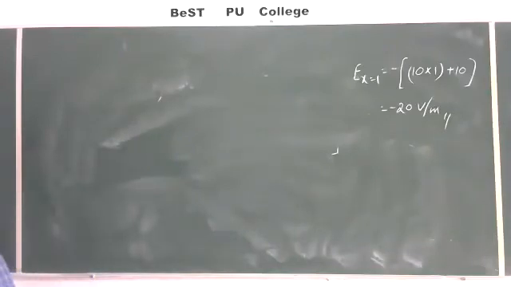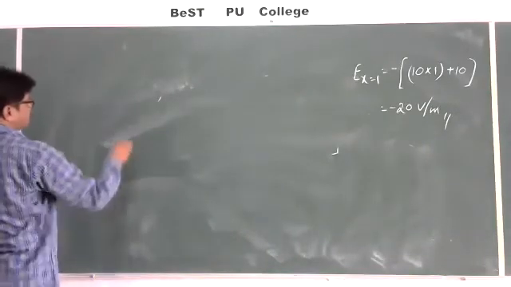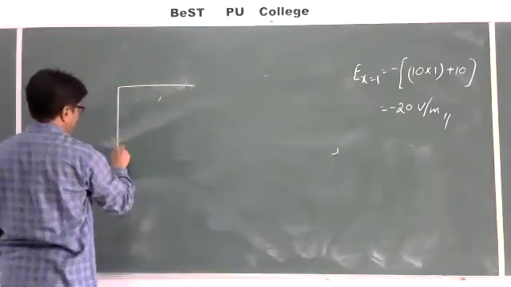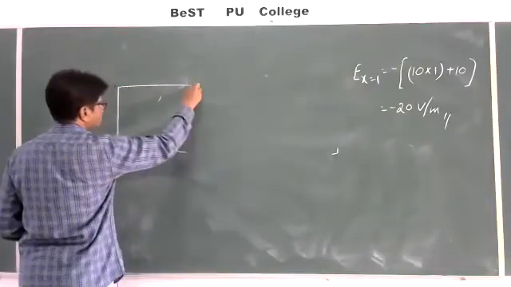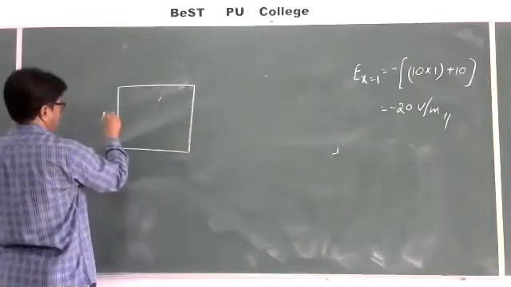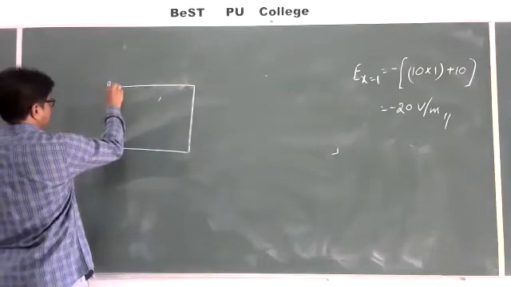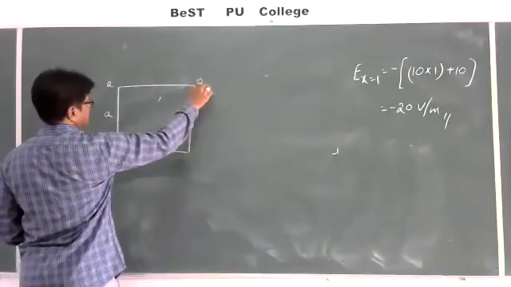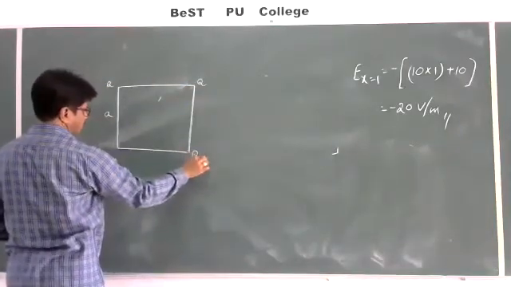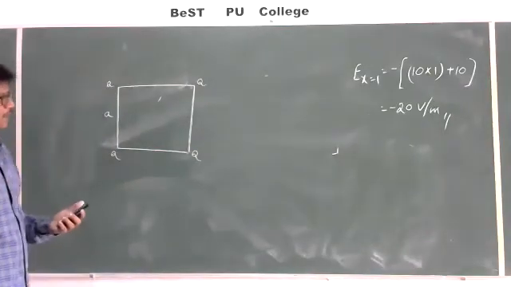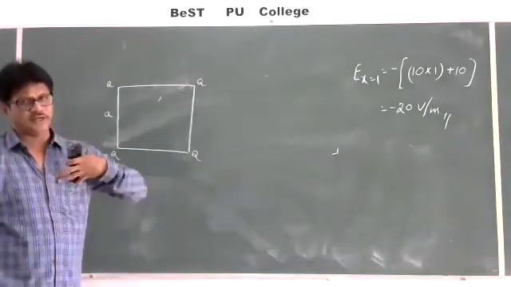Consider a square of side A, with 4 charges, capital Q each, placed at the 4 corners of the square.